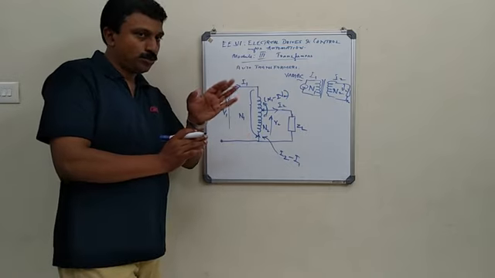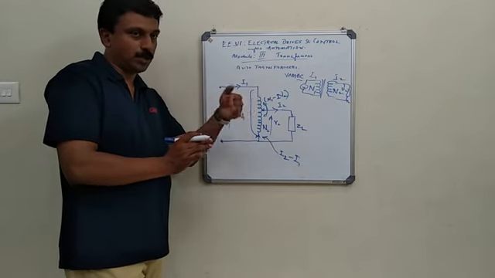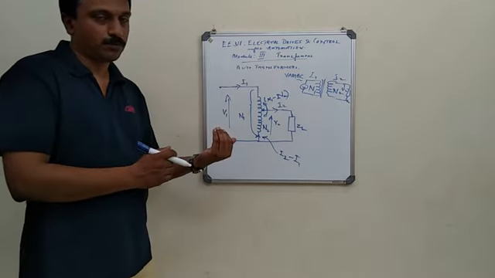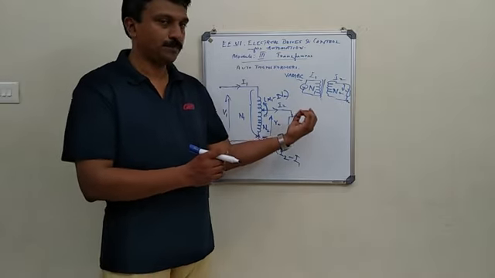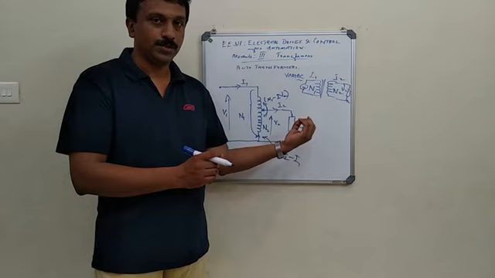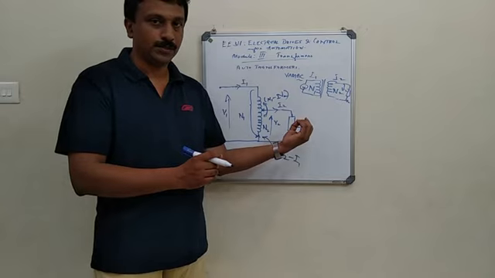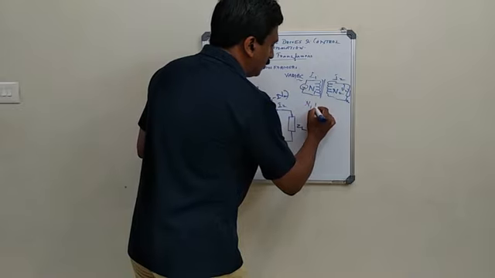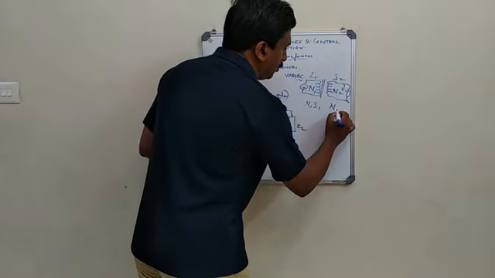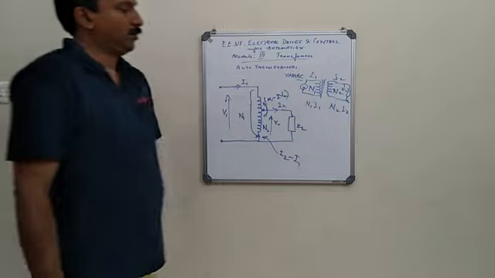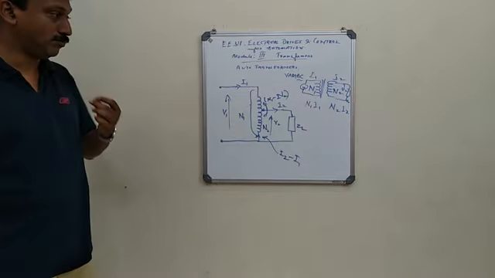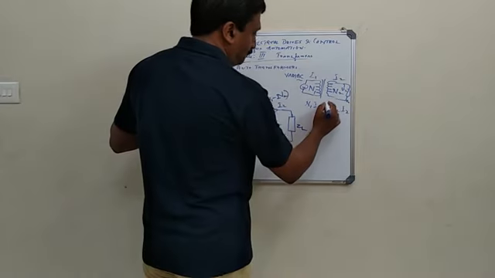So N1 into I1 will give a proportional quantity. It will be proportional to the amount of copper in the primary winding. So I'll write N1 I1, and similarly N2 I2. That is with the ordinary two winding transformer.